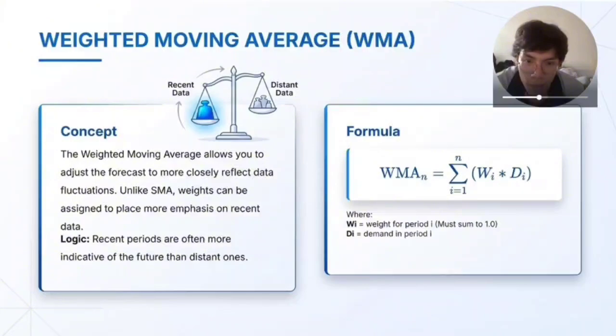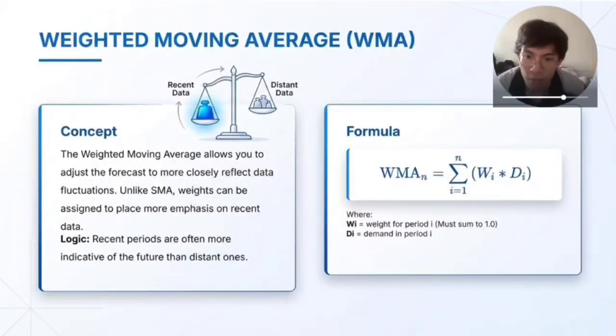This makes the forecast more responsive to changes. The concept box explains that, unlike the simple moving average, WMA emphasizes recent data by using different weights. The logic is simple. Recent periods matter more than older ones.